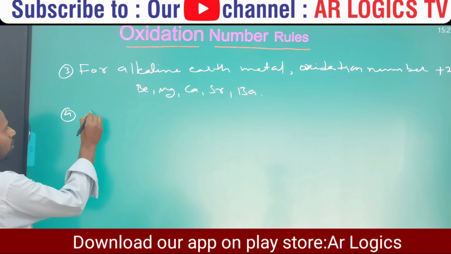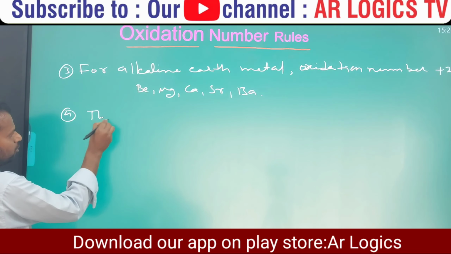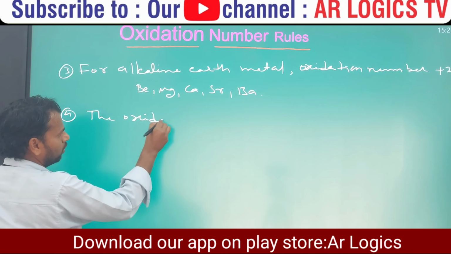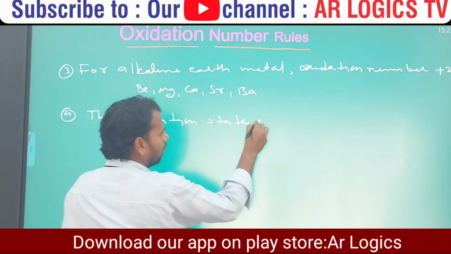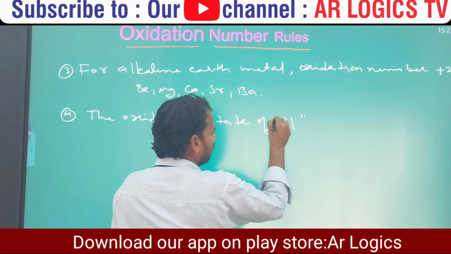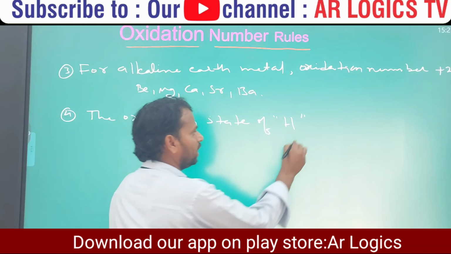Next, rule number 4. The oxidation state of hydrogen is always +1.